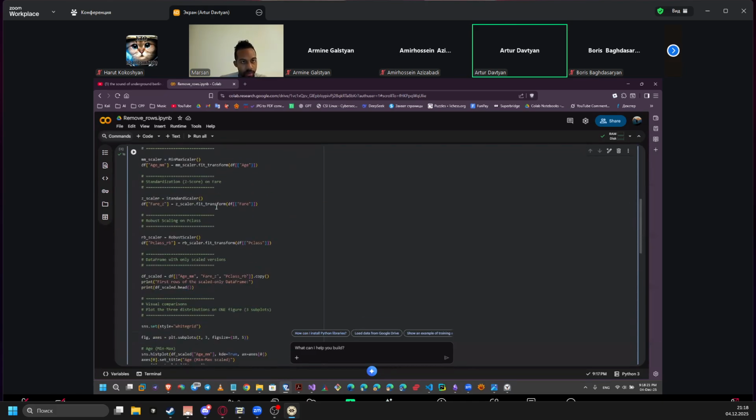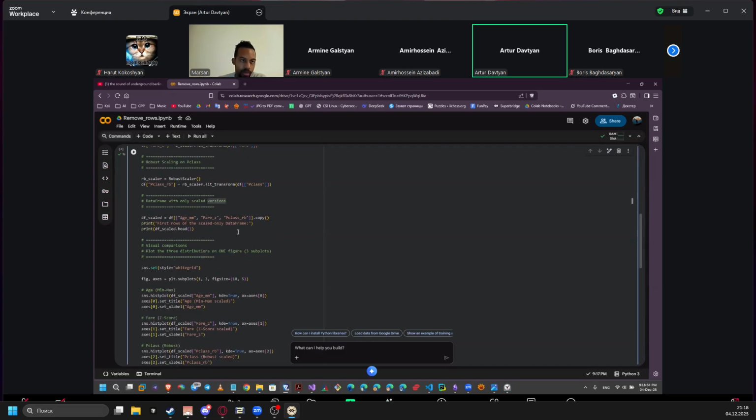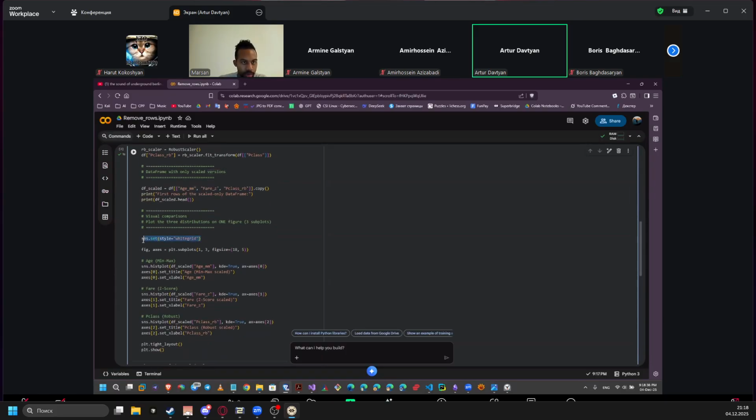The copy is just storing the copied version of the dataset parts. I guess this one is for visual purposes.